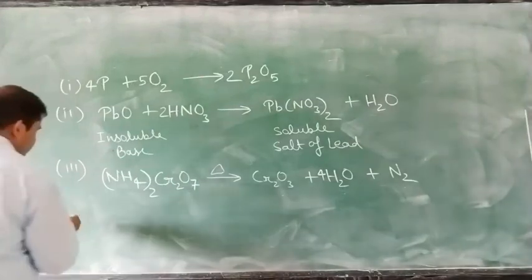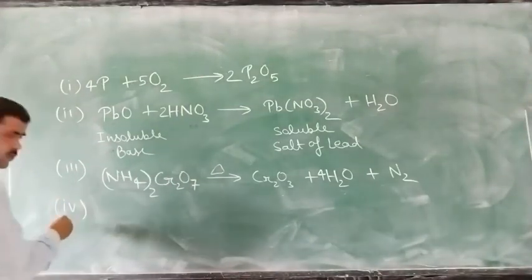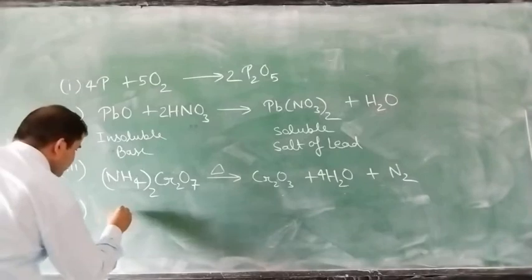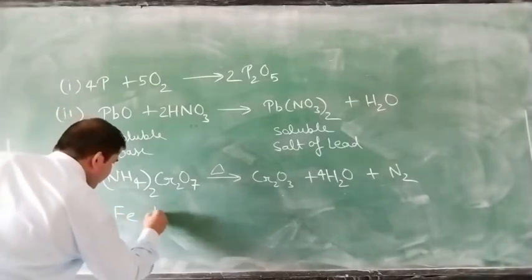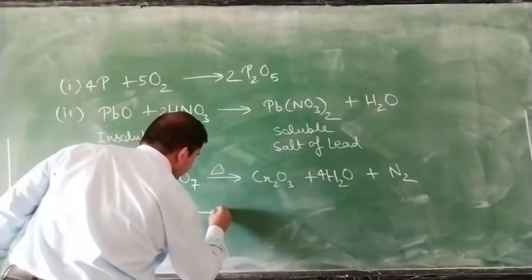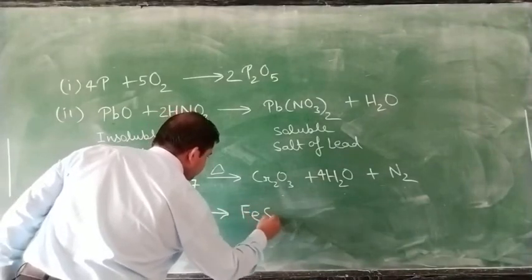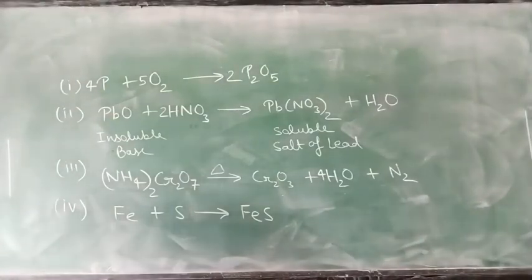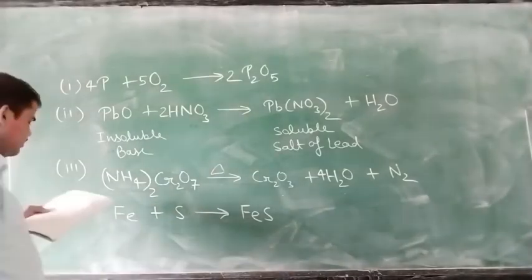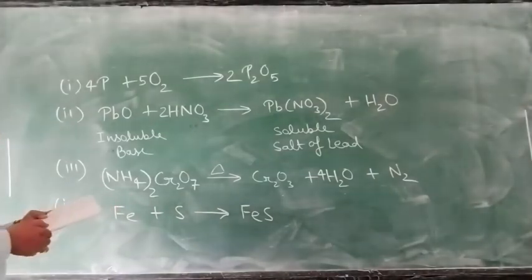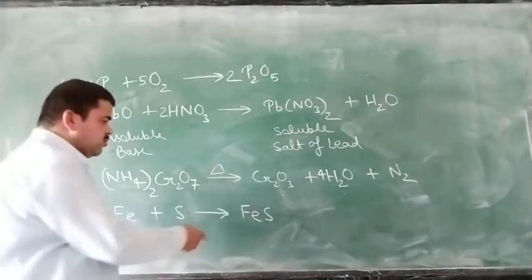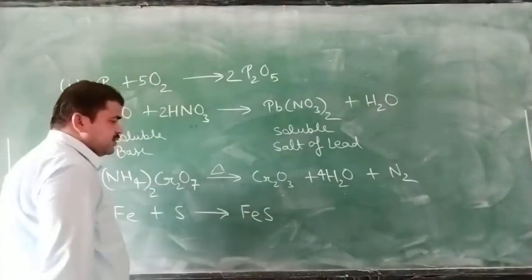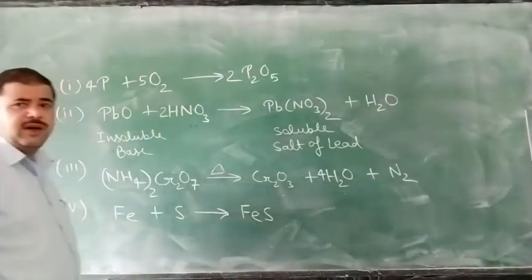So here FeS. This is the combination reaction or synthesis reaction between a metal, iron, and a non-metal, sulfur, resulting in formation of an insoluble salt of iron. So the insoluble salt here is FeS, ferrous sulfide.